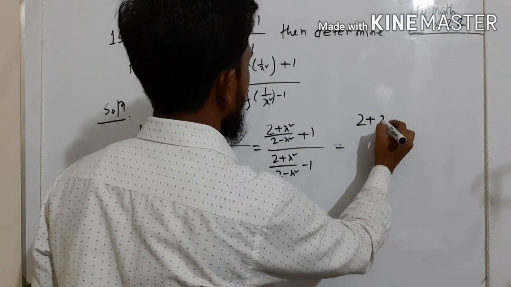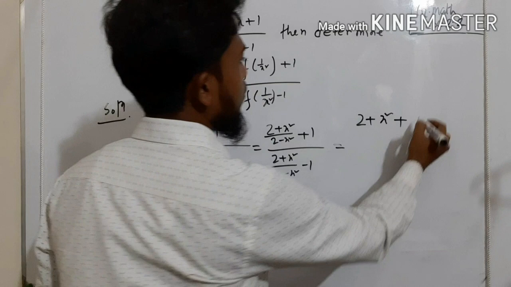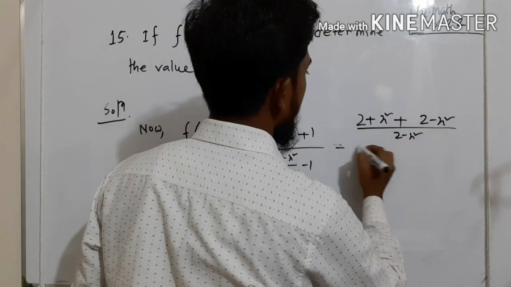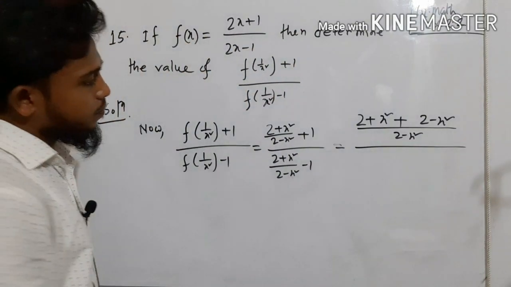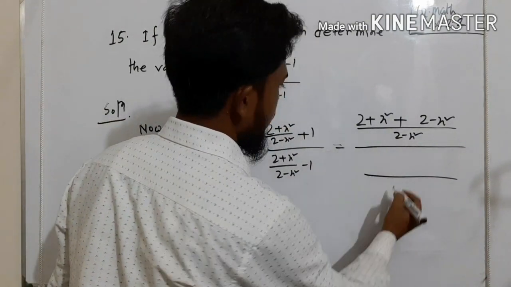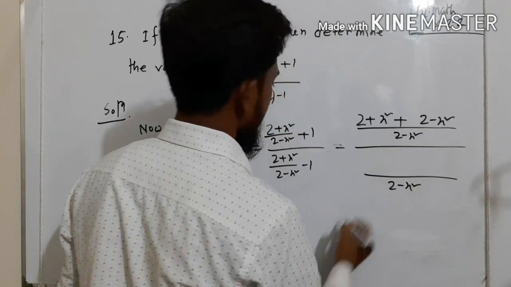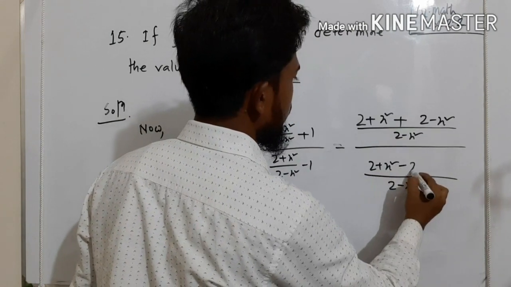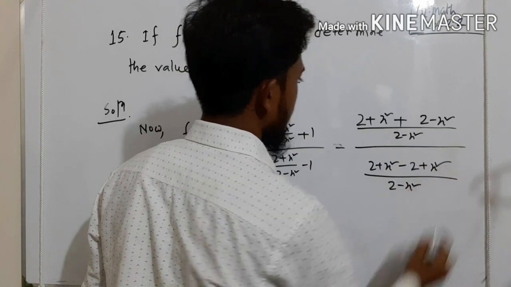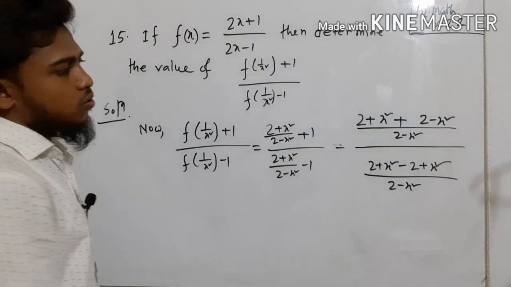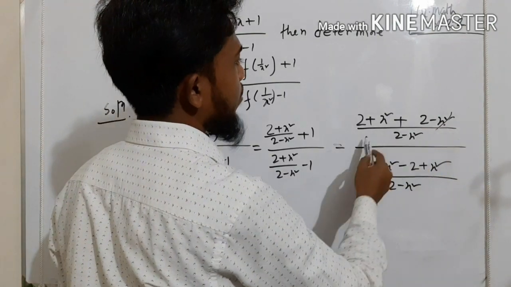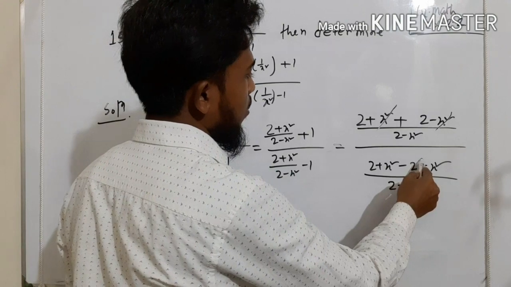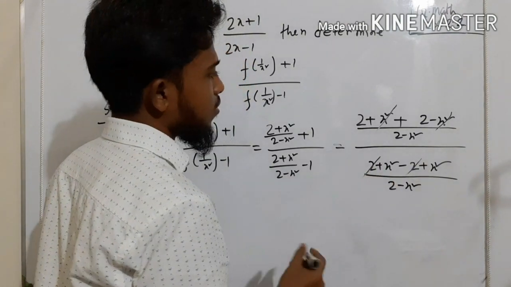So, taking the LCM 2 minus x square, (2 plus x square plus 2 minus x square) divided by (2 plus x square minus 2 plus x square). So here x square and minus x square are cancelled, and minus 2 and plus 2 are cancelled.